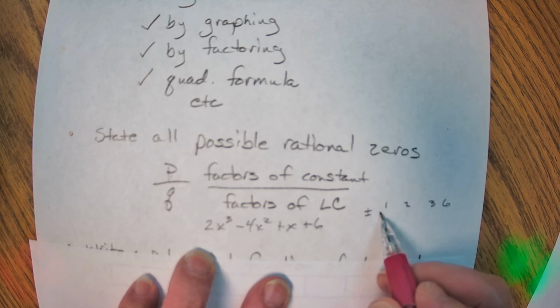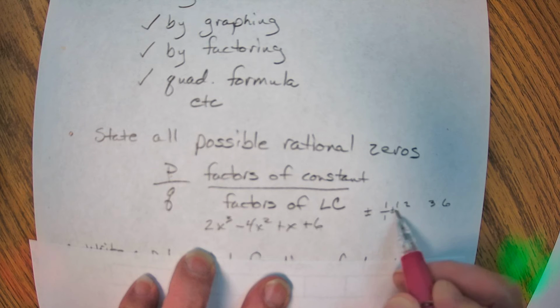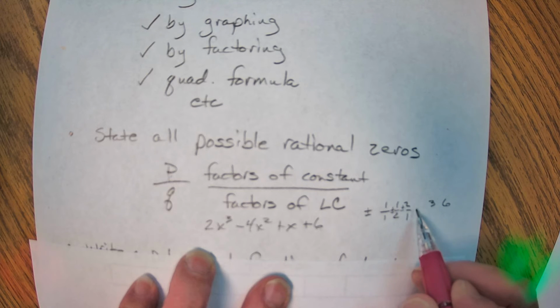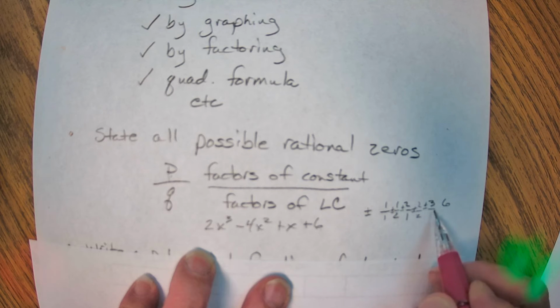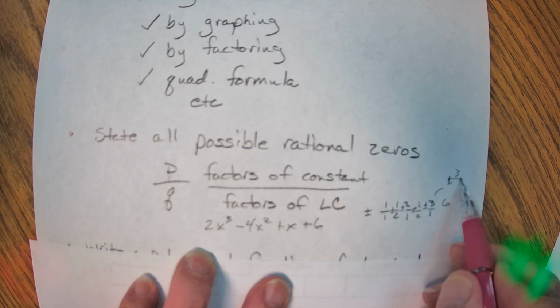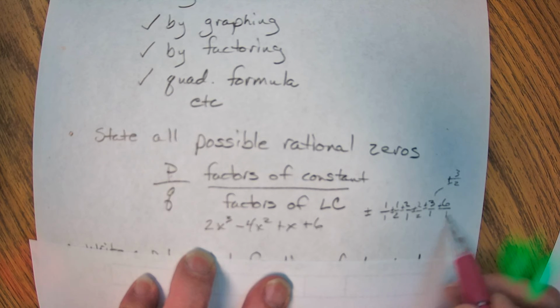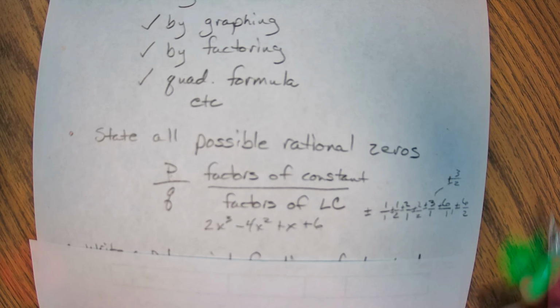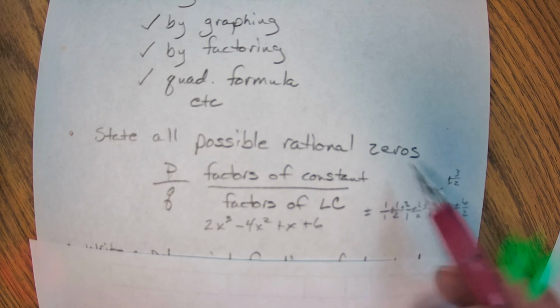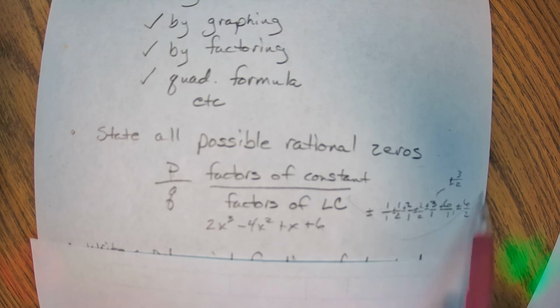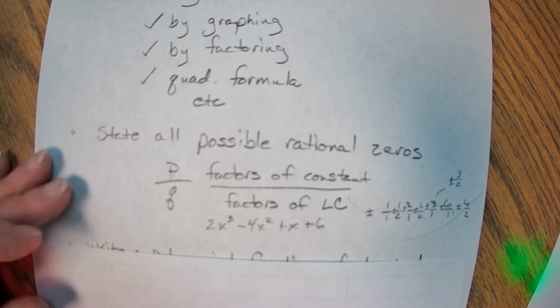So your possible answers could be plus or minus 1 over 1, plus or minus 1 over 2, plus or minus 2 over 1, plus or minus 2 over 2, plus or minus 3 over 1. I didn't really give myself enough room here. Plus or minus 3 over 2, and plus or minus 6 over 1, and plus or minus 6 over 2. On problems that say this as the directions, all you have to do is list all the possible rational zeros.